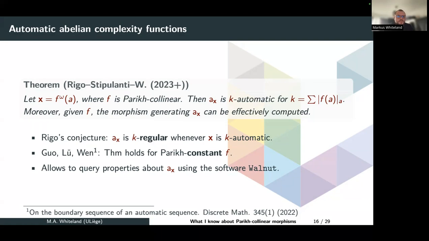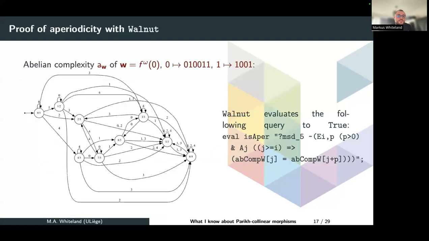What is known previously is that this holds for Parikh-constant morphisms. This is due to the work of Guo, Liu, and Wen. And what's nice about this is that we can just query properties about abelian complexity functions using, for example, Walnut. I think here I have the grammatical error that Jeff was talking about previously. Anyway, that's exactly what we do.